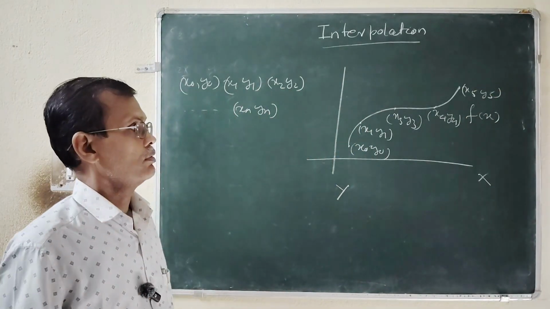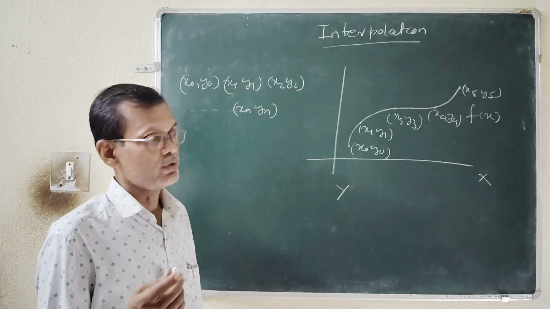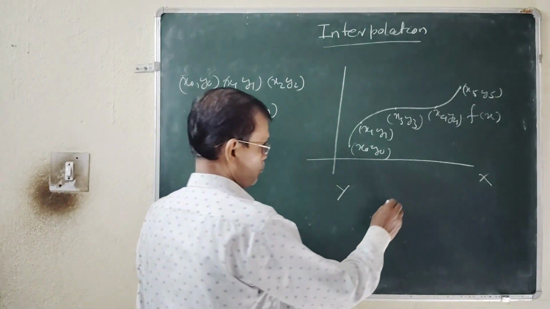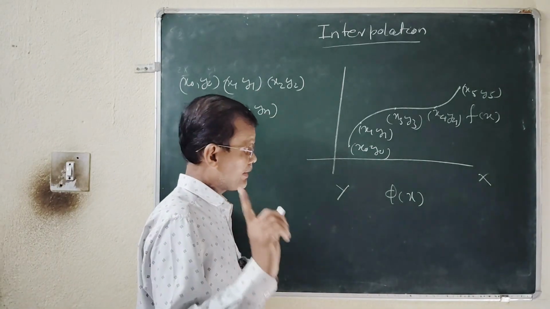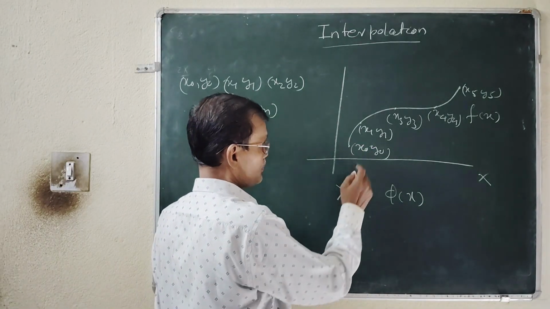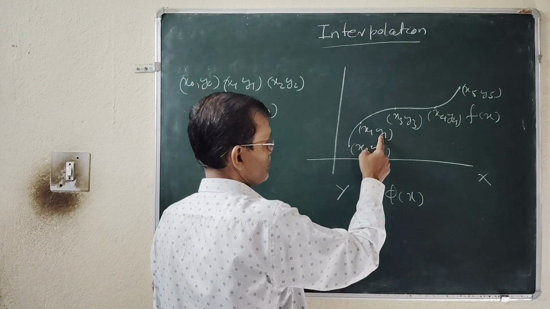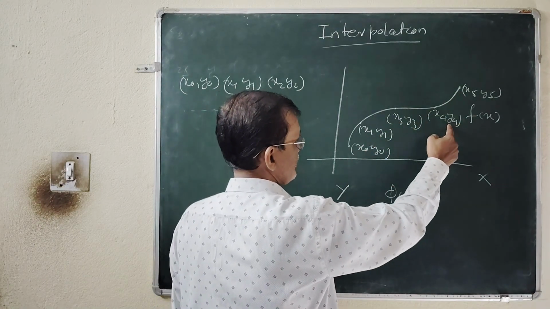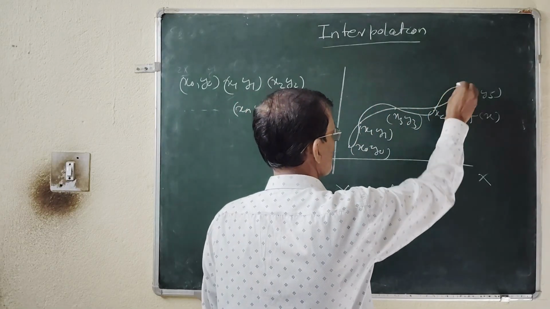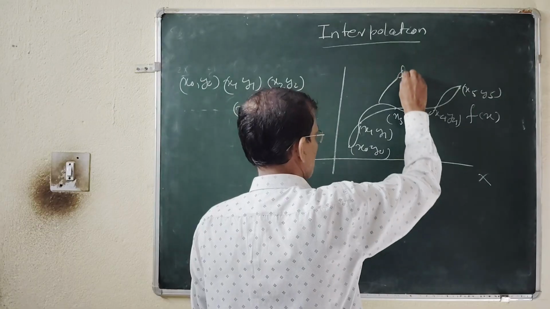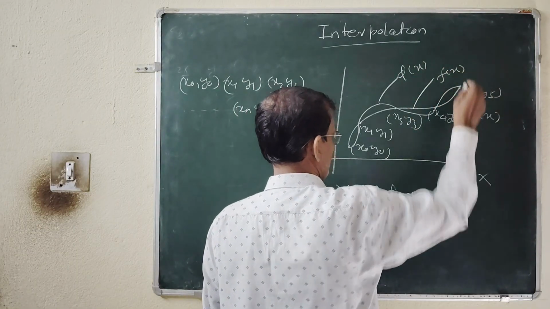Now by using certain techniques we will try to generate a new function, and that new function will be called phi(x), such that phi(x) satisfies these data points. So it will satisfy (x0, y0), (x1, y1), (x3, y3), (x4, y4) and (x5, y5). Suppose the graph is looking like this, right? So this graph is phi(x) and this graph is f(x), right?